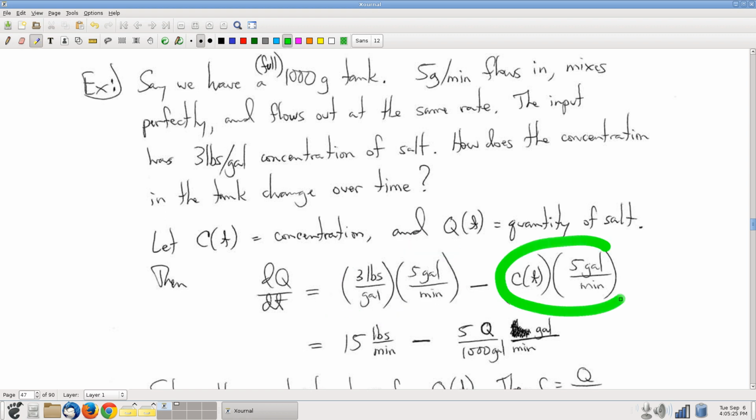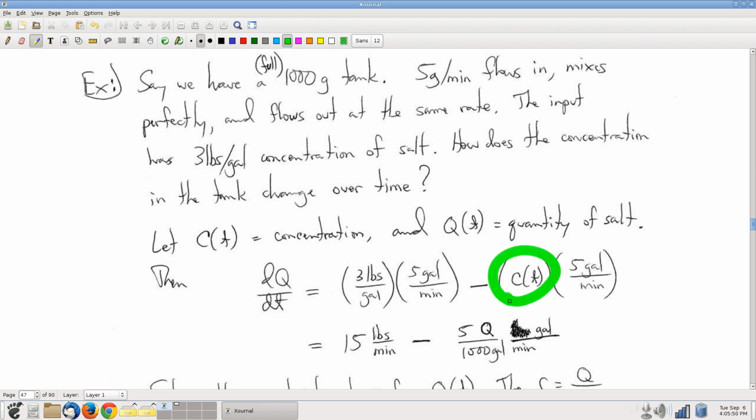Here's the water that's flowing out. It's also 5 gallons per minute, and it is concentrated at, well, whatever the concentration level is in the tank at that moment. And this is not quite a differential equation because we're taking a derivative of Q, and C is a different function, but these are closely related.